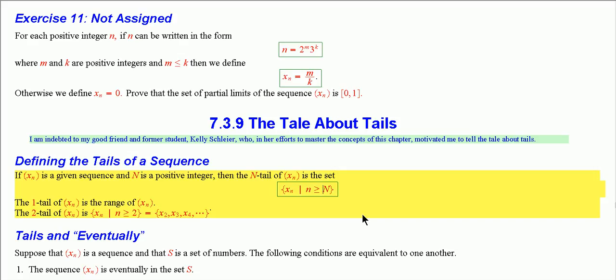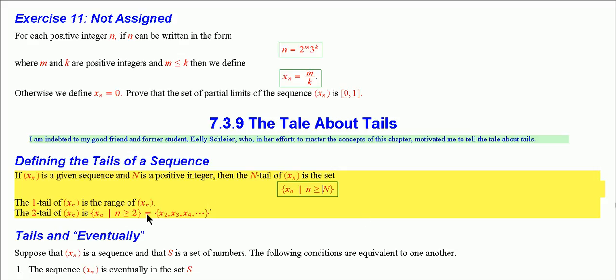I think I'm going to pick on Felicia here. Why did you say false? Because when we did the two-tail, we said x sub n such that n is greater than or equal to 2.